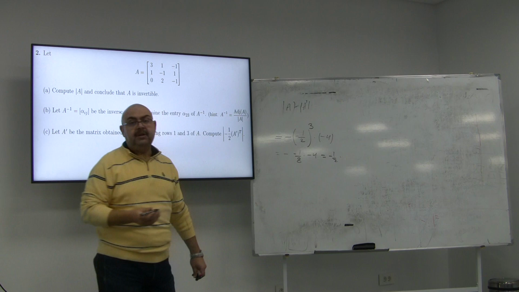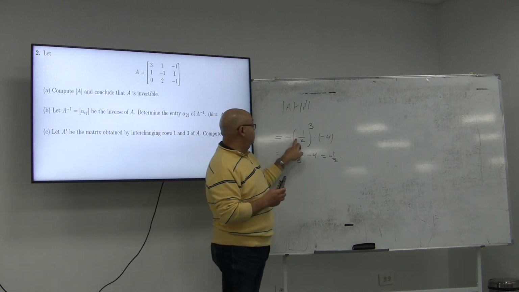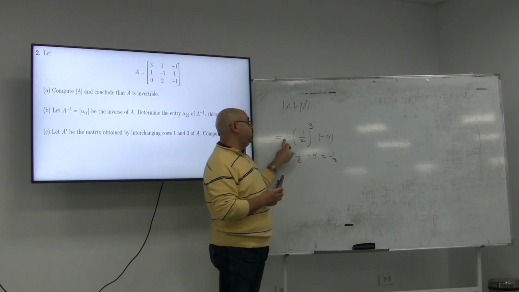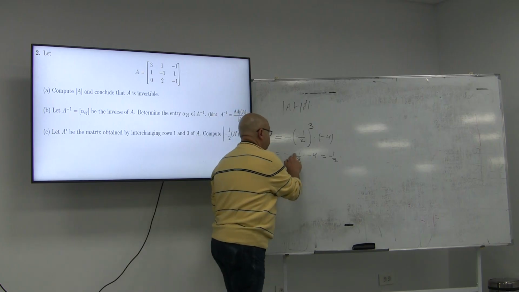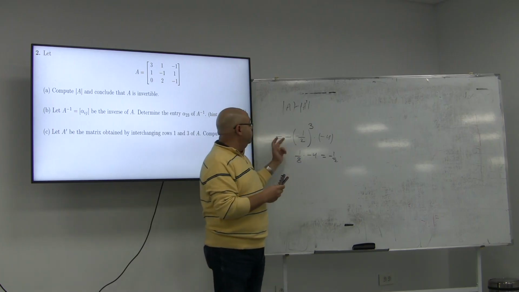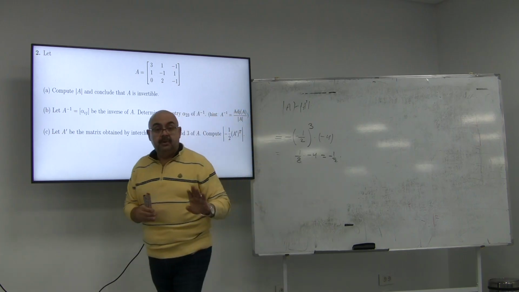This is negative times negative, which is going to be positive, times negative 1 over 4, so it's going to be negative 1 over 2. Okay?